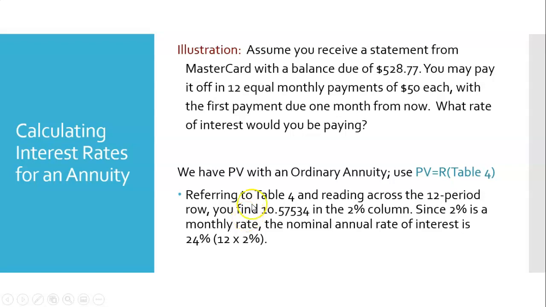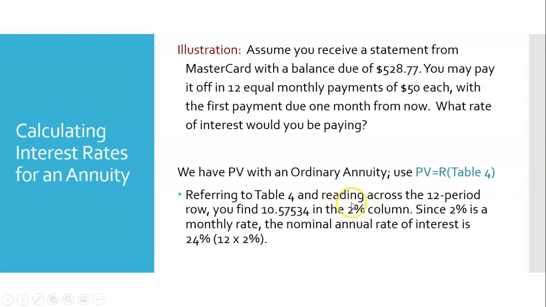Then we're going to go to table 4 and go across on the 12 period row until we find a number that's somewhat close to 10.57534. Then we'll go up to the top to see what percentage of interest that is. If we did that, we would see it's in the 2% column.